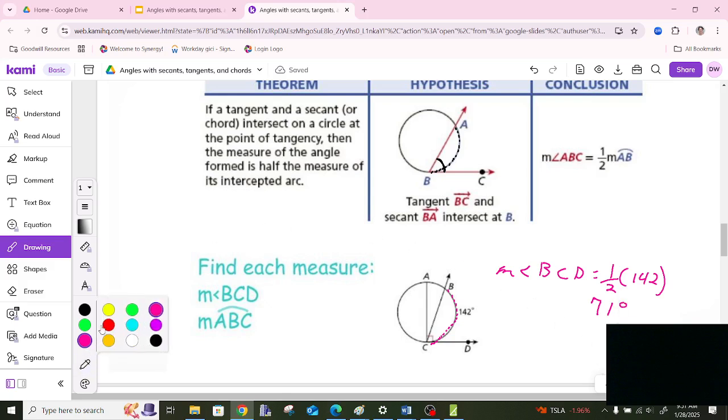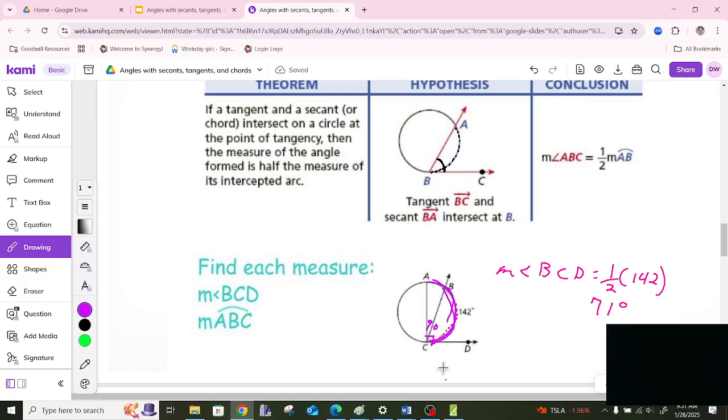Now they're talking about a different one. So now you have the bigger one here. They're talking about this arc, but they gave you an angle measure. There's no number, but what does a box stand for? 90.